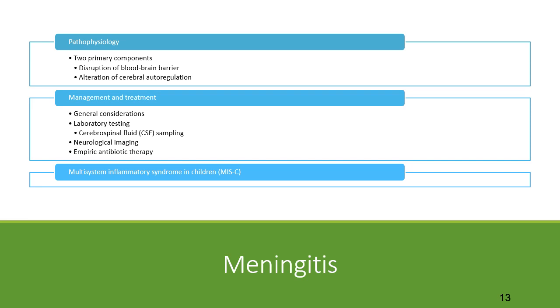Cerebrospinal fluid sampling should ideally occur before antibiotics are initiated. However, this should not delay giving antibiotics in circumstances where it's not possible to do a spinal tap. Antigen testing can aid the diagnosis of meningitis even when antibiotics have been administered beforehand. Thus, the goal is to treat without delay.